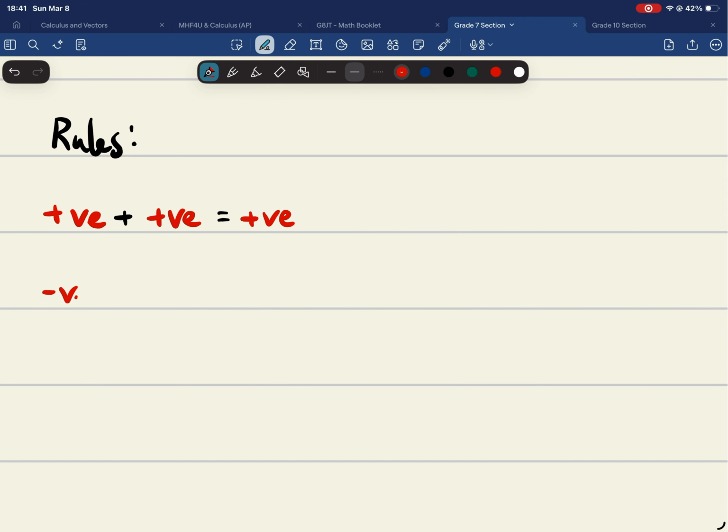And if a negative number is adding a negative, you will finally get a negative number.